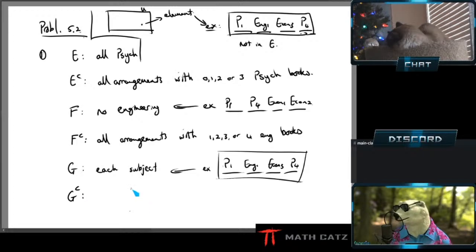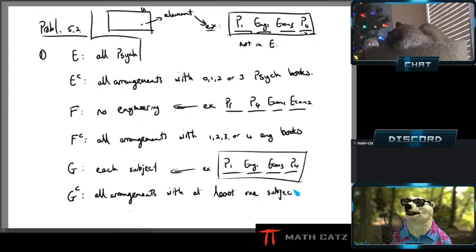So G complement needs to be everything that G is not requiring. G is requiring something very specific. Every subject needs to be visible in my arrangement. So G complement is simply the set of all arrangements with, say it like this, at least one subject missing.